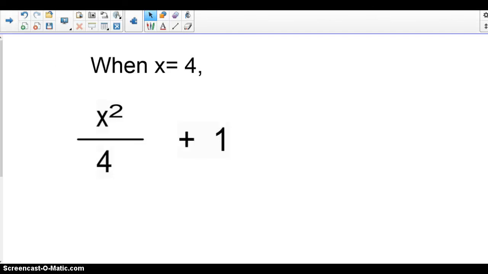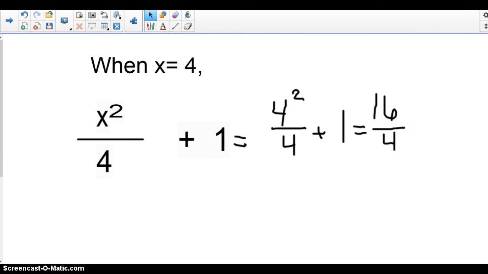Okay, so substituting in where x is located, we're going to put 4. This is going to give us a new equation that looks like 4 squared divided by 4 plus 1. And we are going to work the exponent first. We've got 4 squared, and 4 squared is equal to 16 divided by 4 plus 1.